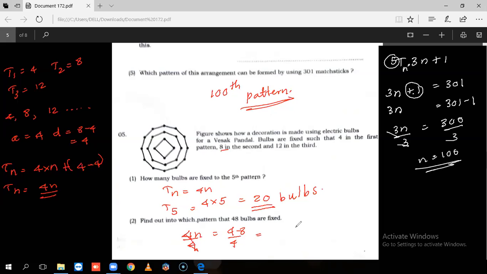Then n is 12, so you can write here the 12th pattern.